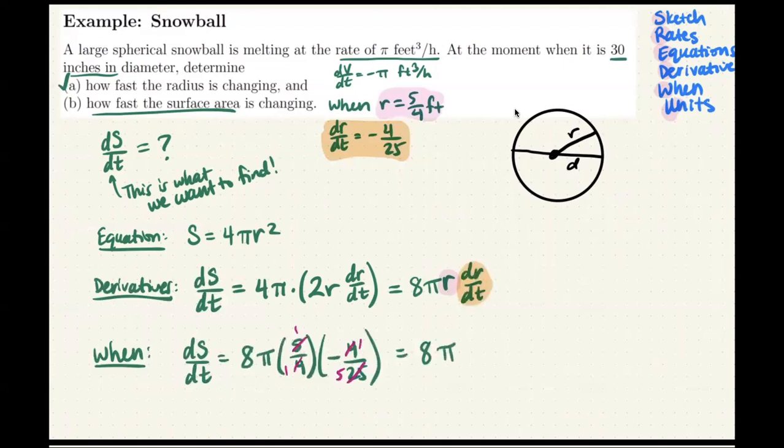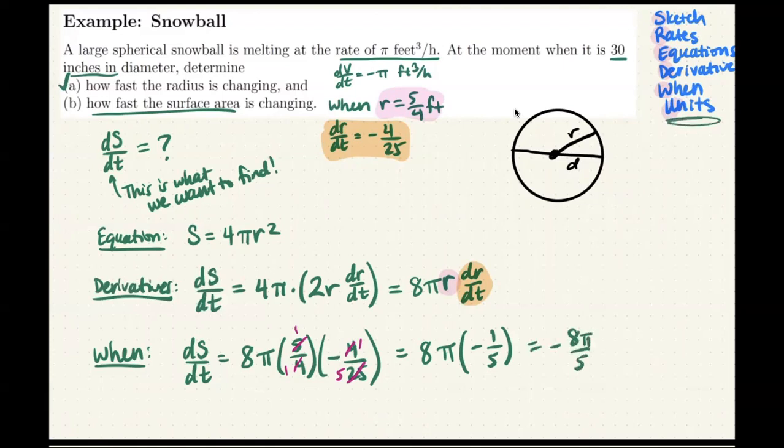I still have 8 pi out front, and then times negative 1 over 5. I can make this look a little cleaner. I could write this as just negative 8 pi over 5.